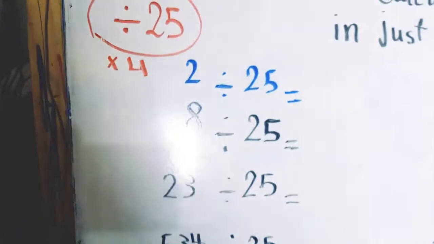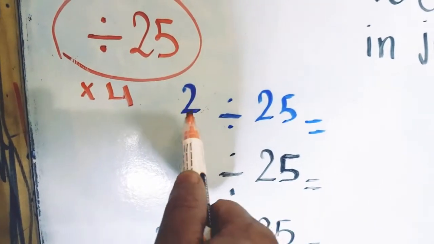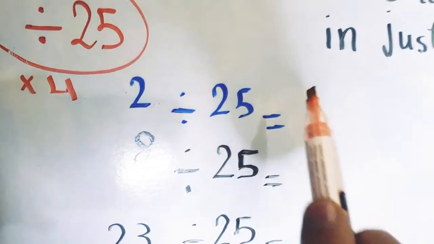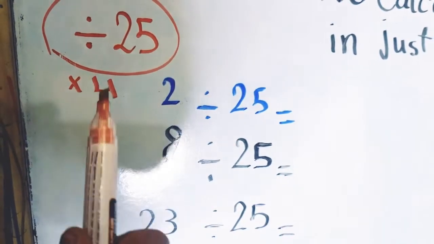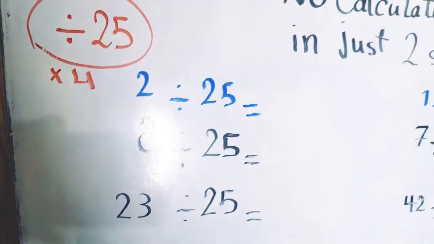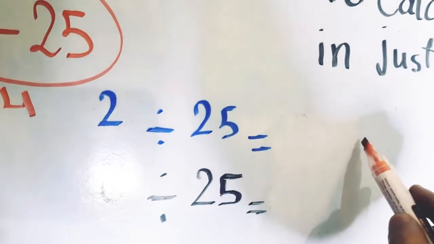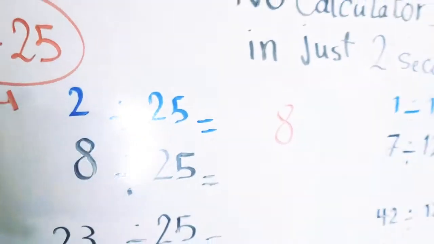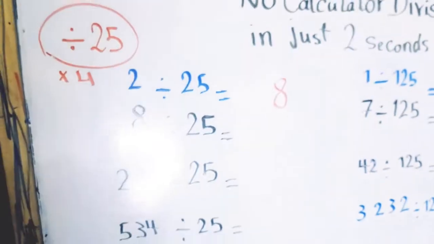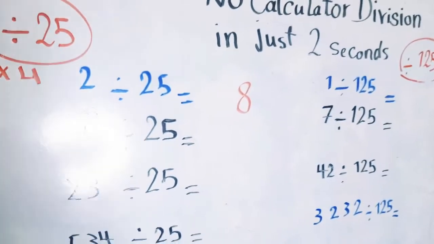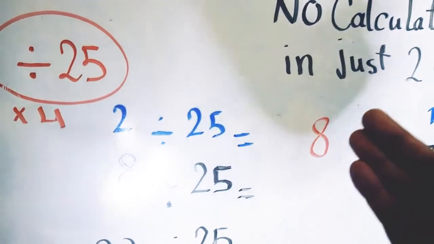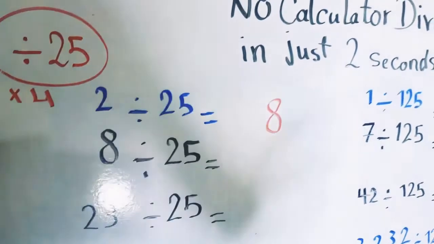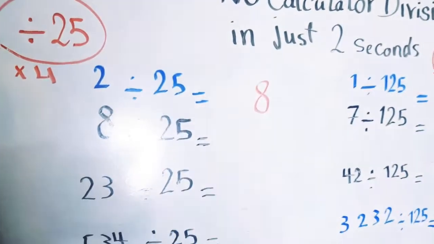Let's try. Here we have the dividend 2 divided by 25. We multiply 2 by 4. 2 times 4 equals 8. This is the first step. The second step. Here we need a 2-digit number at the right side, but we have only 1 digit.